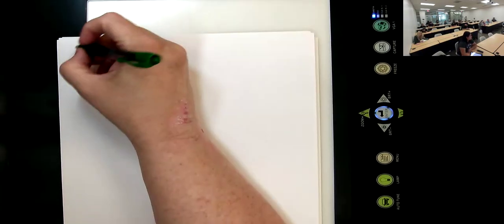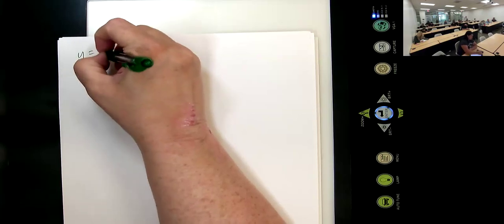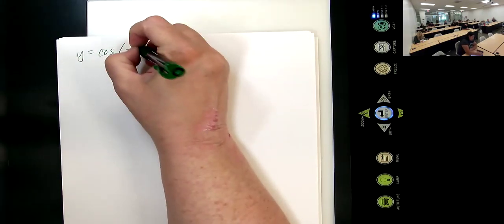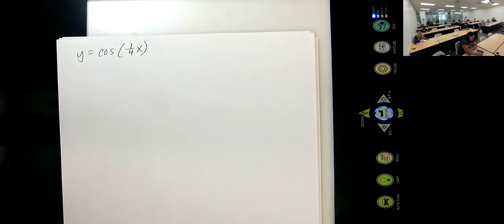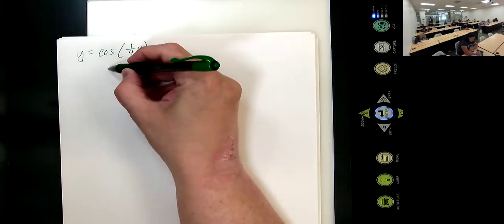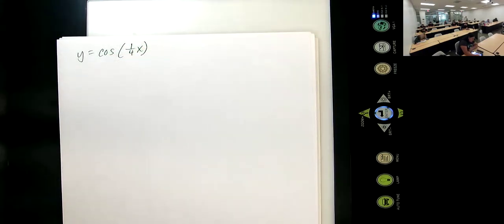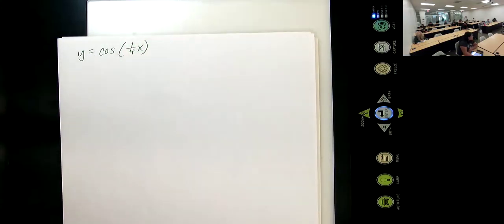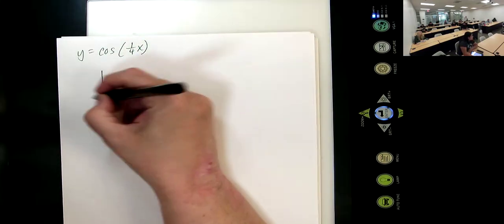Now let's change the period. Let's go back to cosine for now, and do y equals cosine of 1/4 x. I'm going to graph cosine real quick without putting values on the x-axis.